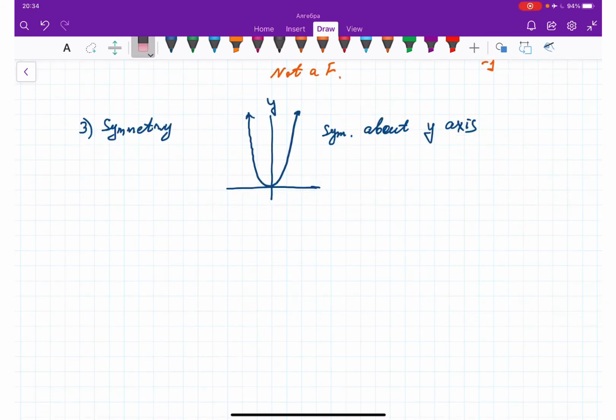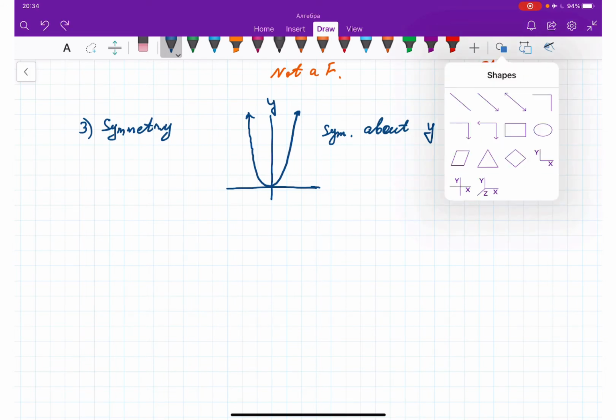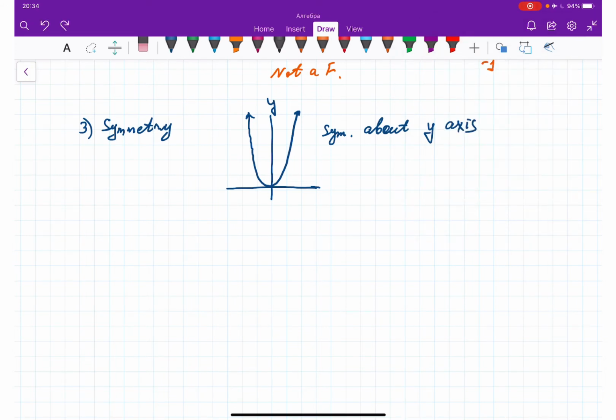Now, if I move my graph either to the right or to the left, let's say I moved here.